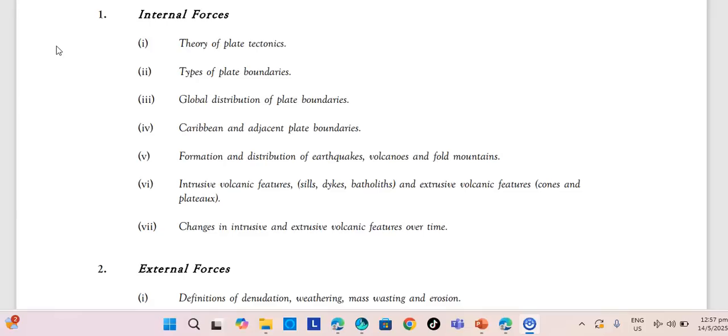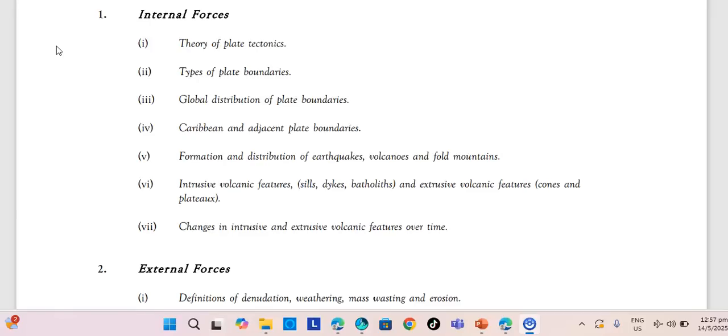Do you remember talking about types of plate boundaries? Yes, sometimes they bump into each other, sometimes they pull apart, or sometimes they slide past each other. The Caribbean region sits on one of these plates, and it is called the Caribbean plate.